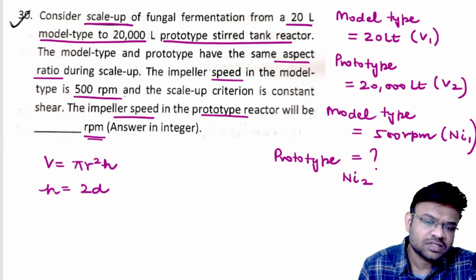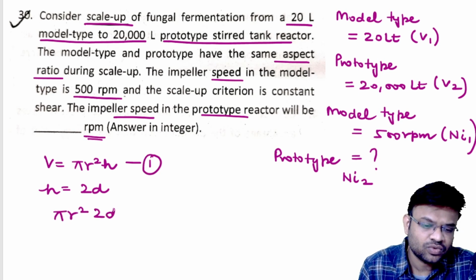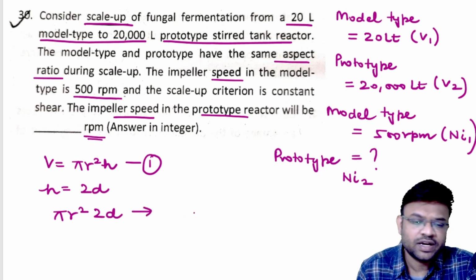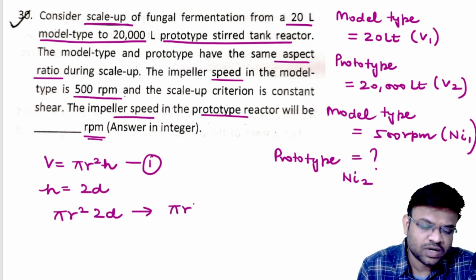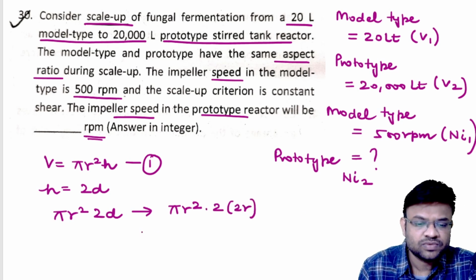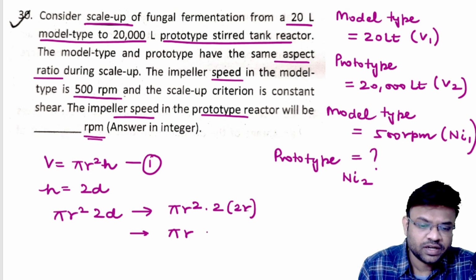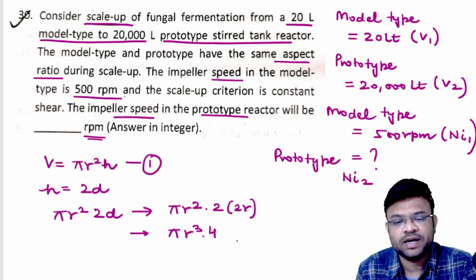So when I keep this value for height in equation number 1, we get pi r square into 2d. We also know that the diameter is twice the radius, so pi r square into 2 into 2r. The r can be joined to give pi r cube into 4, that means 4 pi r cube.